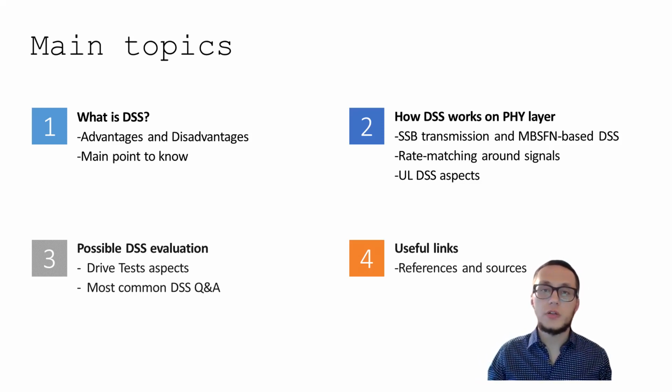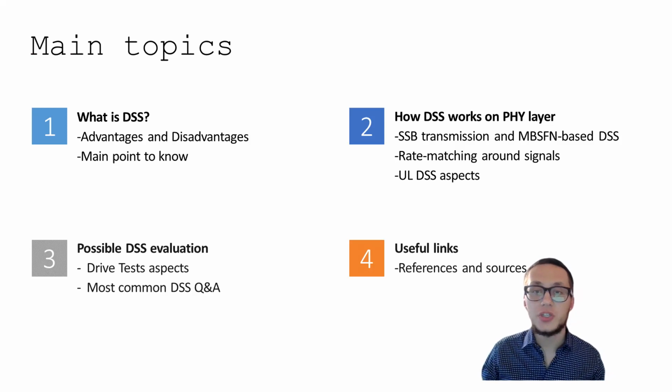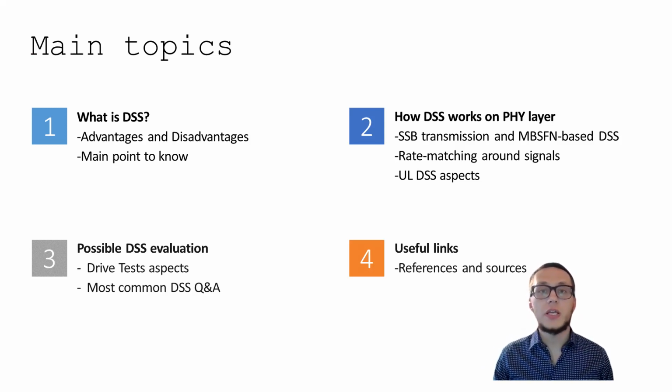Then I'm going to tell you about such technology as rate matching, and also I will tell you about some aspects related to Uplink DSS. Of course, I will touch a little bit about drive test aspects of DSS cells, and at the end we will try to imagine some possible questions and possible answers related to DSS.